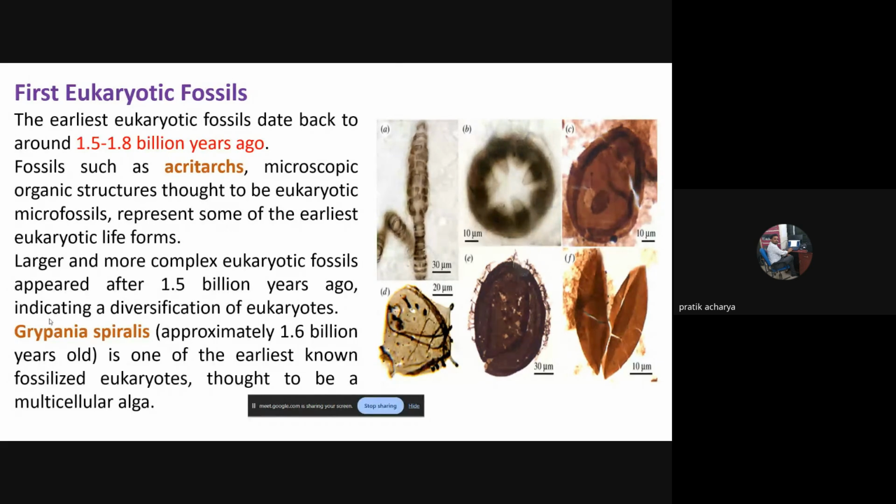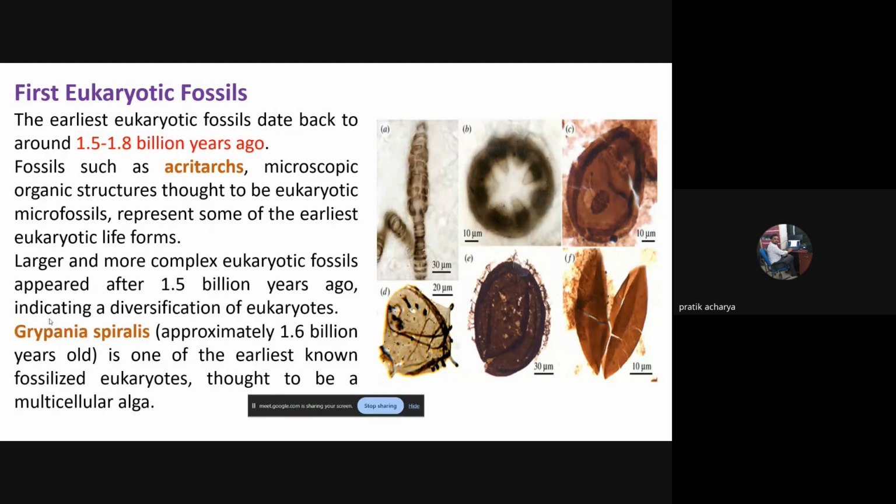Larger and more complex eukaryotic fossils appeared after 1.5 billion years ago. Means before that, whatever fossils were found were smaller eukaryotic cells at their origin.